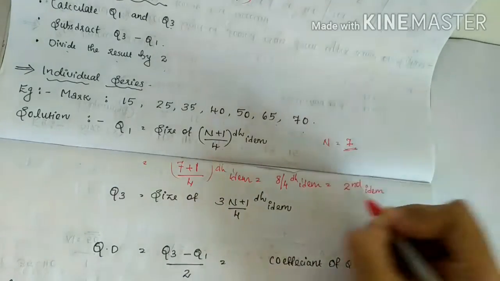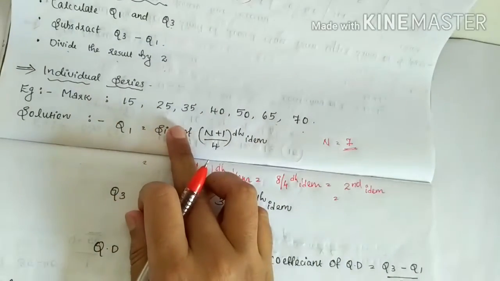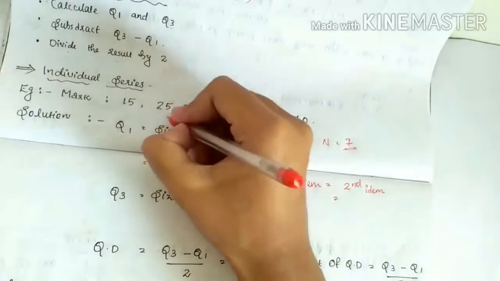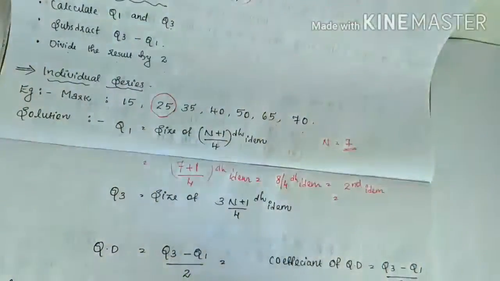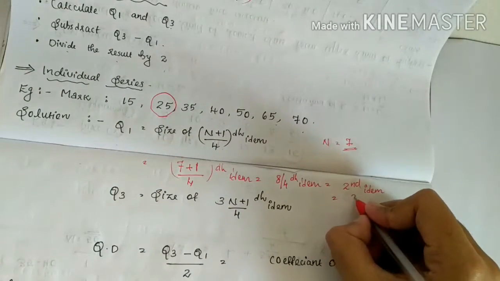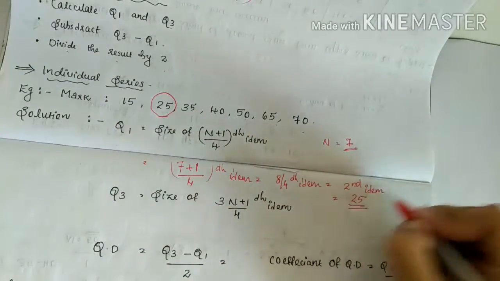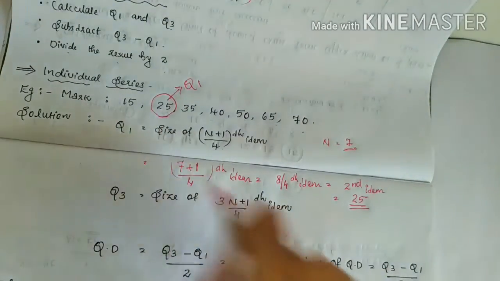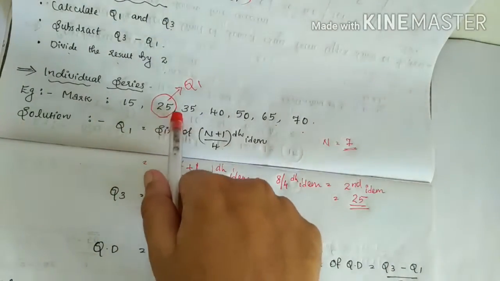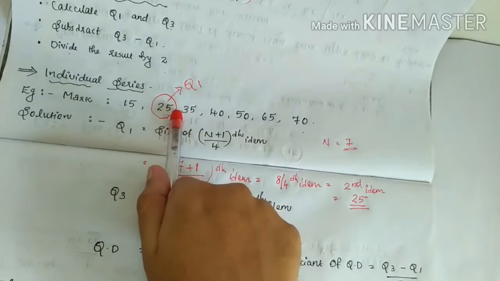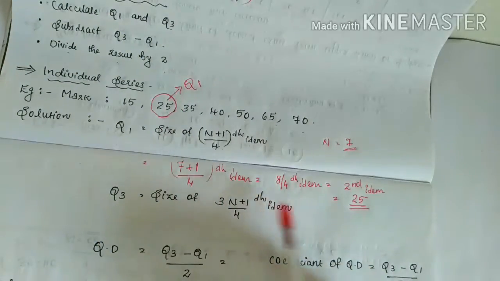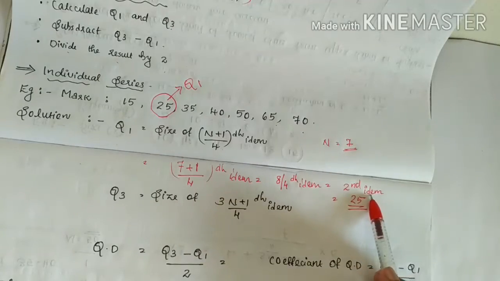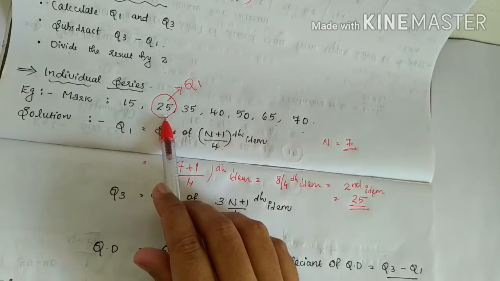In this arranged series, which one is the second item? That is 1, 2. So 25 is the value of Q1. So Q1 is equal to 25.